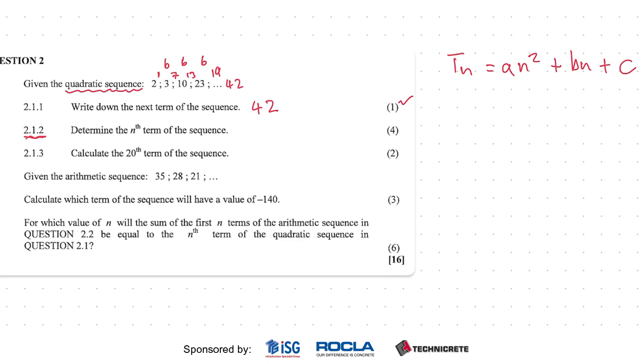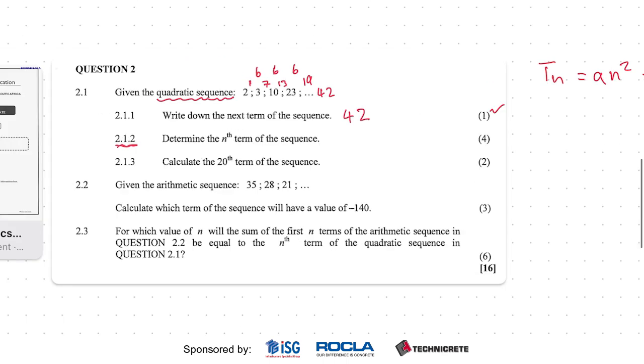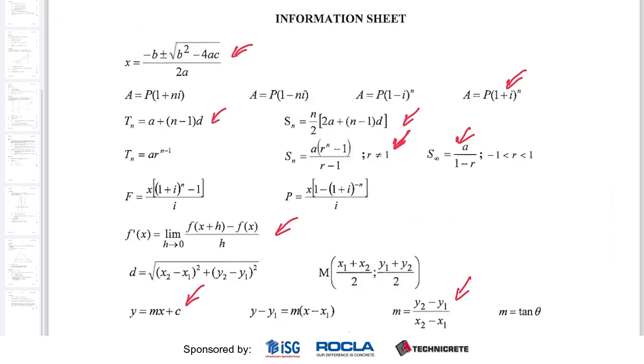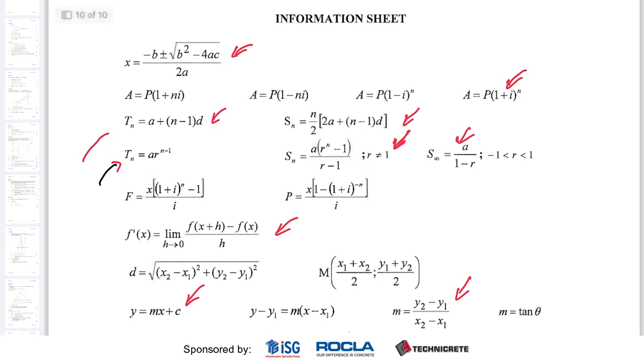Now, determining the nth term of the sequence gets a little bit tricky, especially if you're unfamiliar with quadratic sequences, because what we're given in our formula sheet is this and this, and both of them don't really work in this case.